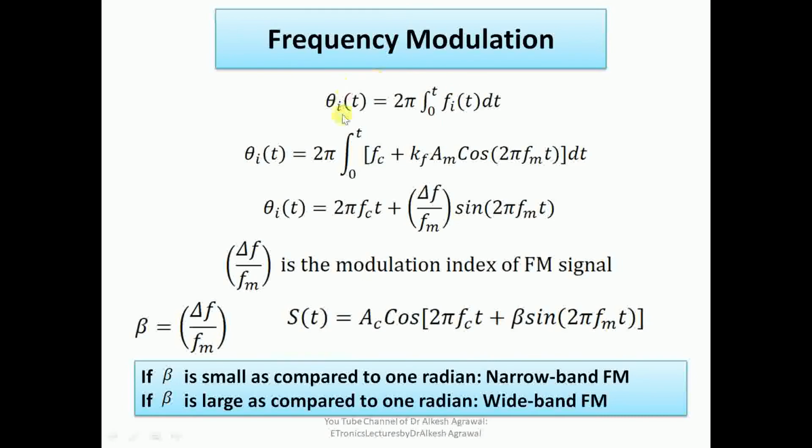Now we know that the angle is written in terms of frequency in integral form. So θi(t), the instantaneous angle, is equal to 2π times the integral from 0 to t of fi(t) dt.